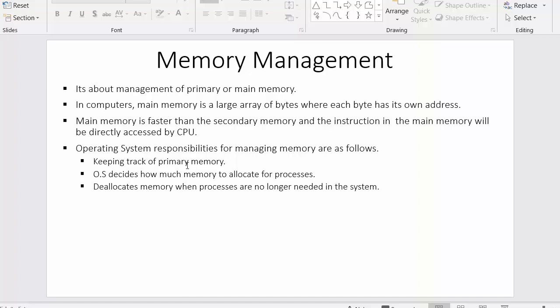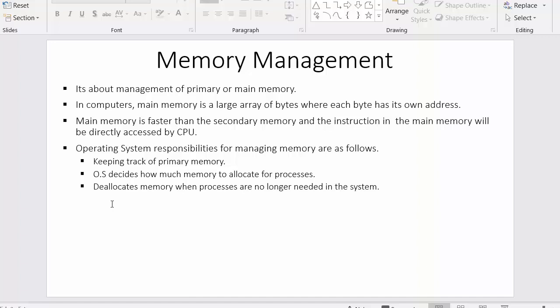That continuous check is done by the operating system, and then the operating system decides how much memory to allocate for processes.